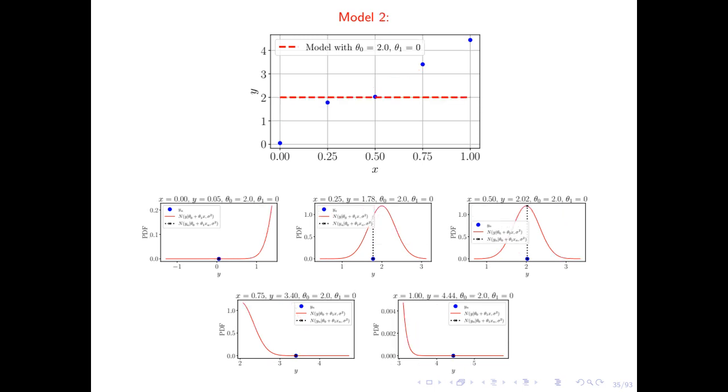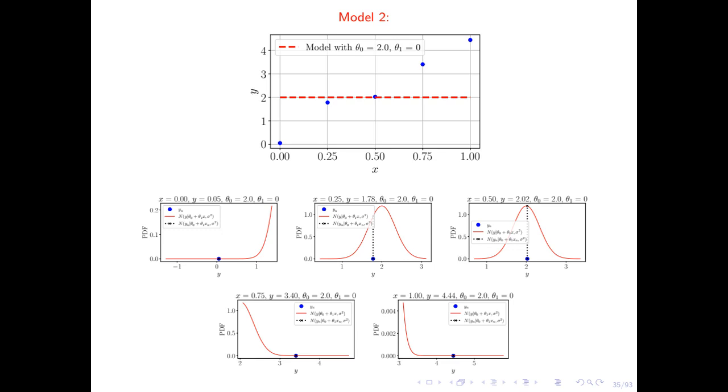Okay, I'm just going to do it for the second model also. For the second model, we can see that the first data point is not predicted well at all. According to the PDF we currently have, that data point is far from the distribution, so that's not a good representation.